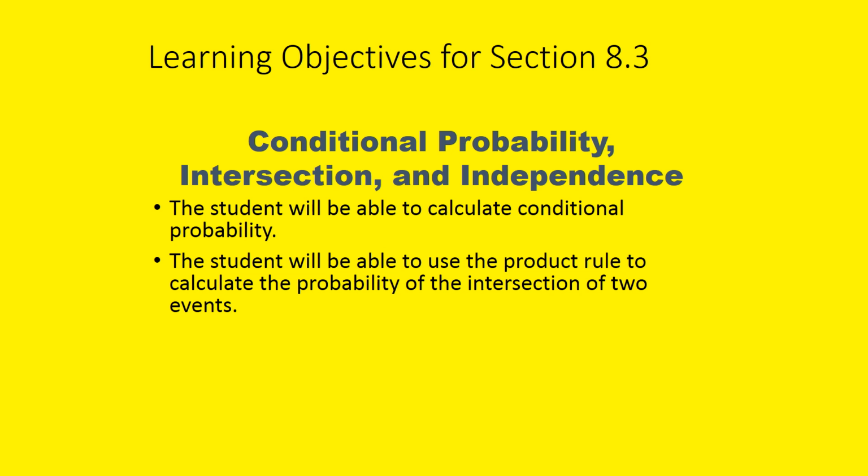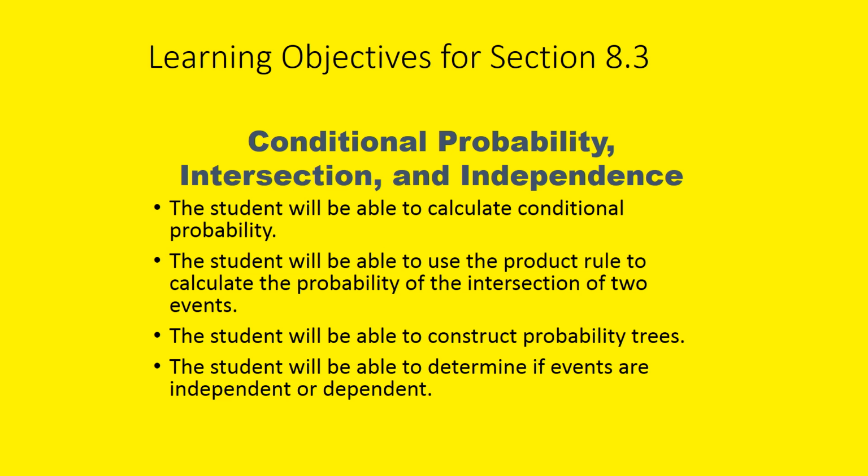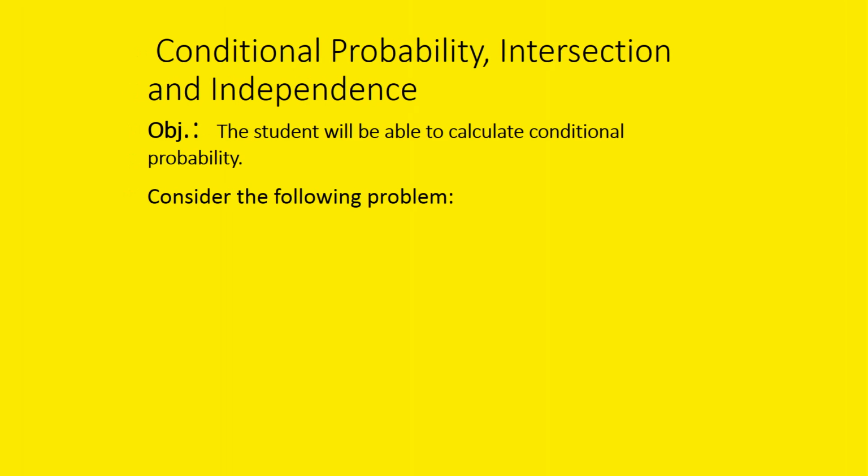The student will be able to use the product rule to calculate the probability of the intersection of two events. The student will be able to construct probability trees, and the student will be able to determine whether events are independent or dependent.